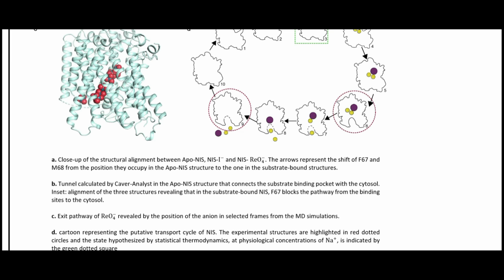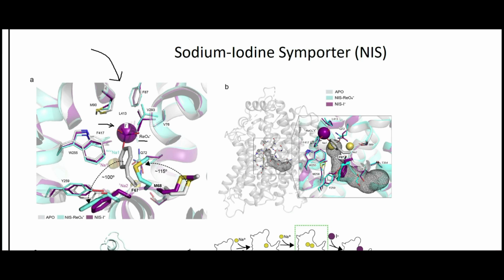We see the close-up of the structural alignment of the apo NIS, which is just with nothing bound, the iodide bound, and the rhenium oxide bound. B is the tunnel calculated for the apo-NIS structure that connects the substrate binding pocket with the cytosol. So this is saying that the iodide, which is right there, will move through this black mesh into the cytosol.